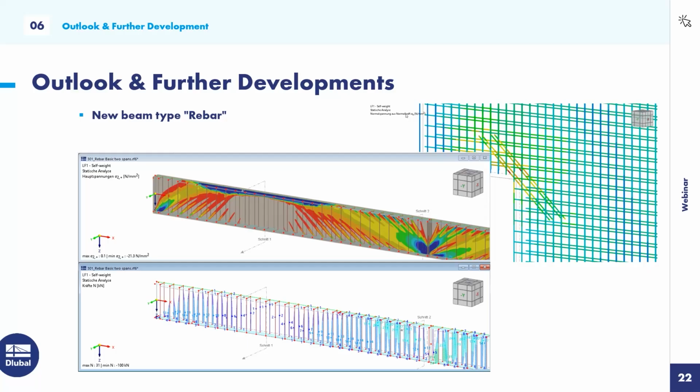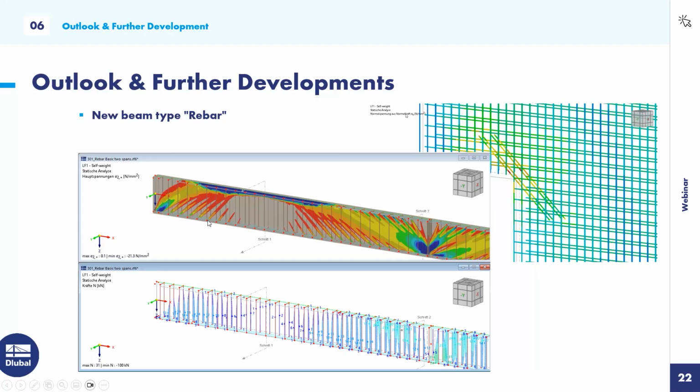What is possible? We made some tests here, more as information, to show what is possible and how it works. We had a beam designed as a surface, and stirrups and longitudinal reinforcement were used by this definition of the rebar. And here you can see directly the compression struts which come from the concrete.